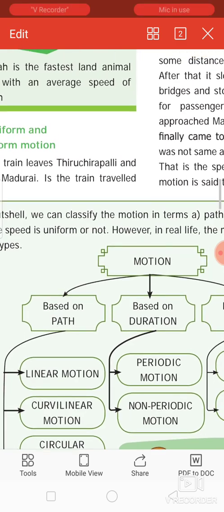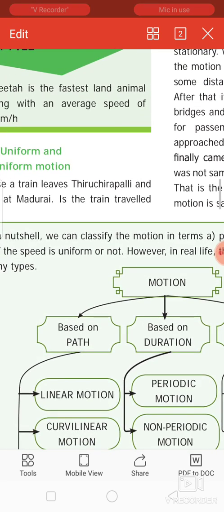At the same time, the train may travel with the same speed in a particular time duration. For 10 minutes, if there is no interruption to the train's speed, it will travel at the same speed. So in that 10 minute duration it will travel at the same speed, and that is considered uniform motion.